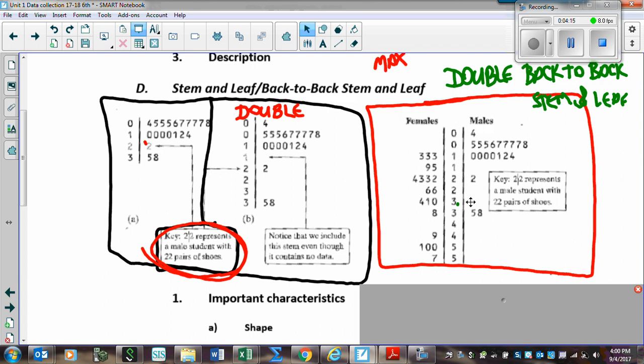Then they're comparing it to another group, and they randomly selected 20 females and asked them the number of shoes that they own. What this does is help us compare 2 different groups. It appears that the median value for the females is higher than the median value for the males, and we can kind of figure out the shape as well.